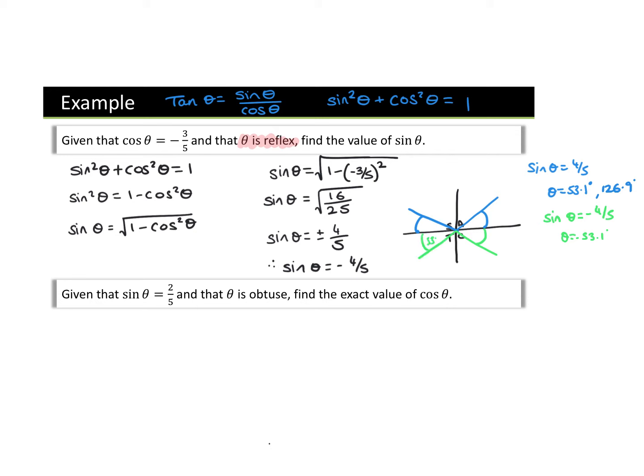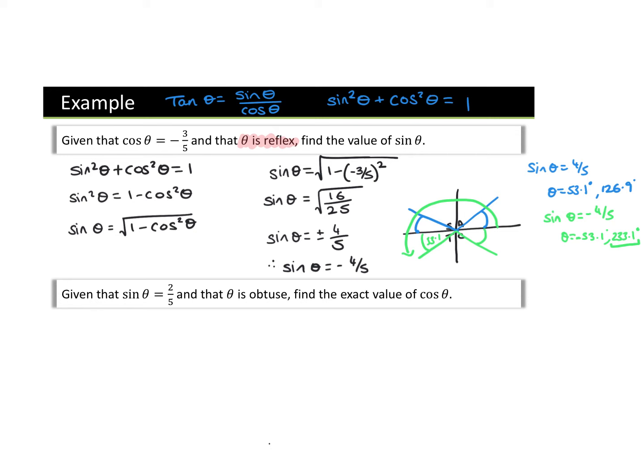So if I start at 0 and go round, the first one I'm going to hit is 180 plus 53.1, which is 233.1. This is a reflex angle, and this is why if we were to take the positive, we're not going to get our first reflex. Our first reflex occurs when sine of theta equals negative 4 over 5. So that's why it's important that we really understand the CAST diagram.